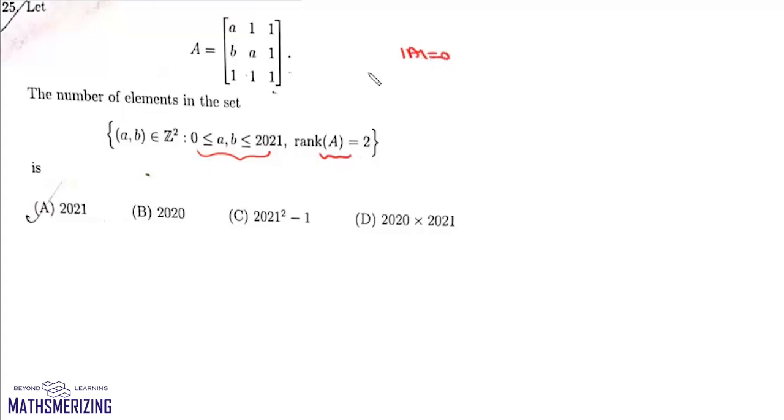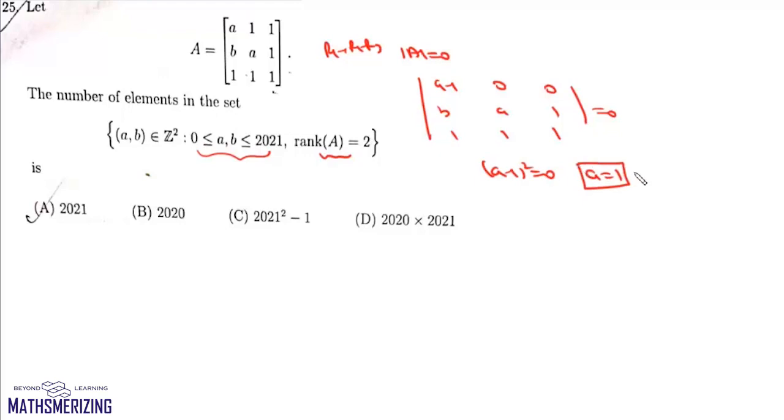Now for this determinant, what we will do is we'll write R1 as R1 minus R3. So it will be a minus 1, 0, 0 and b, a, 1, 1, 1, 1, and it will be 0. So from here we'll get a minus 1 square into b equals 0, that is the value of a is 1. So there is only one way with which we can choose this a.